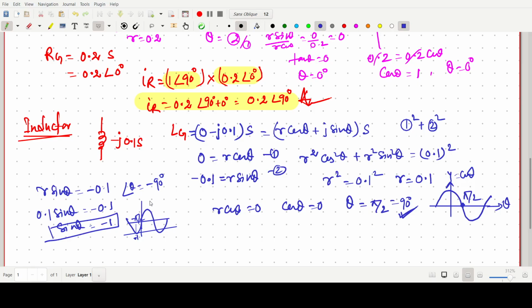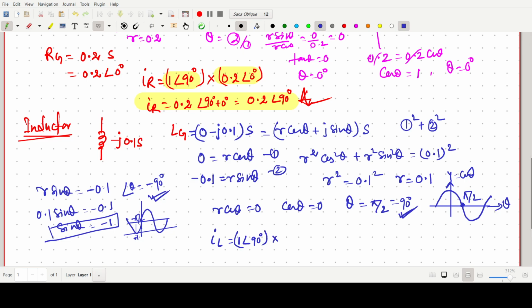But for the inductor it should be minus 90 degrees, because in the inductor the phase should be minus 90 degrees. Okay, so the IL value will be simply 1 angle 90.